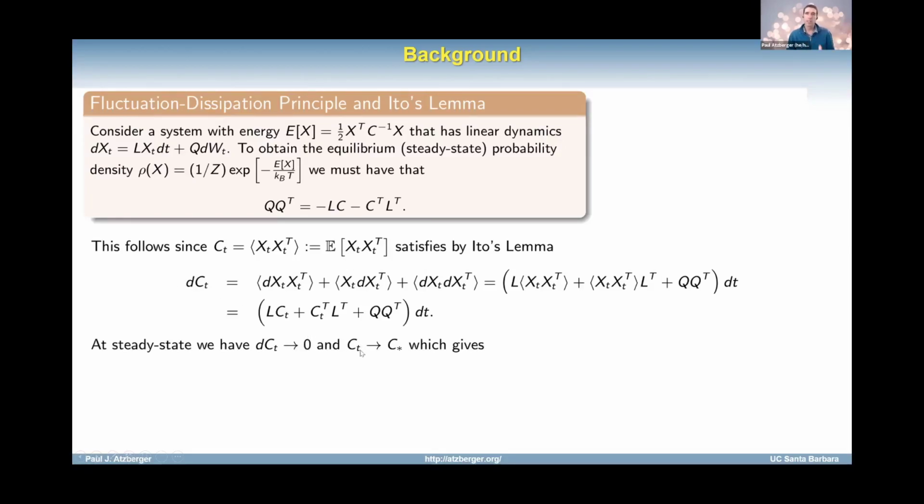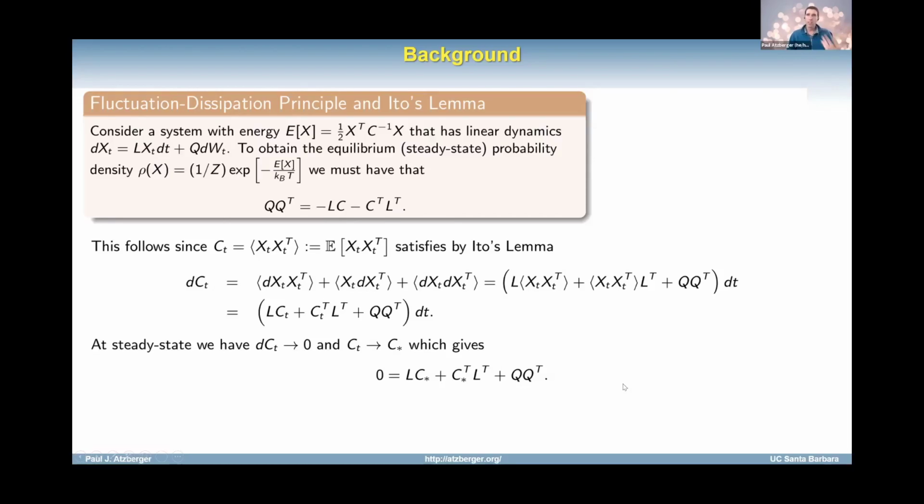And if we want the steady state covariance to go to C star, then the following relationship has to hold between the covariance structure of the stochastic forcing and the dissipative operator, namely that QQ transpose has to be effectively negative LC minus C transpose L transpose.